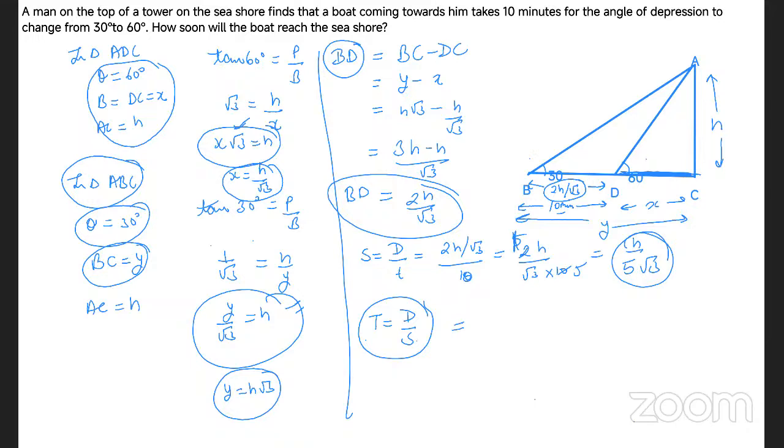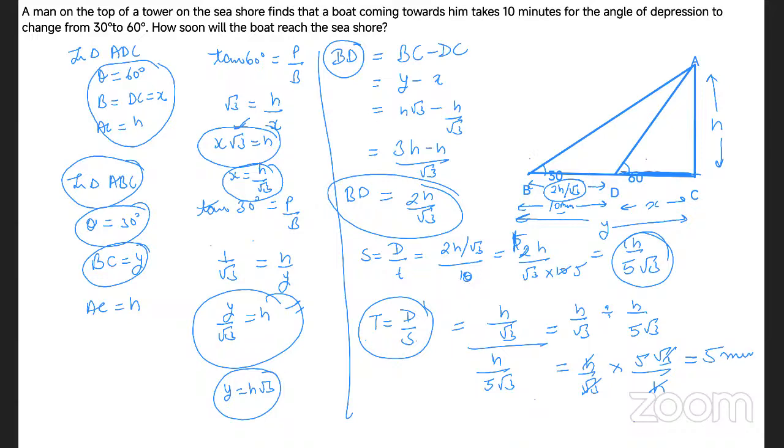So time is H upon √3 divided by H upon 5√3, which becomes H upon √3 multiplied by 5√3 upon H. This and this will cut. It becomes 5 minutes. So 5 minutes it takes to cover the BD distance.